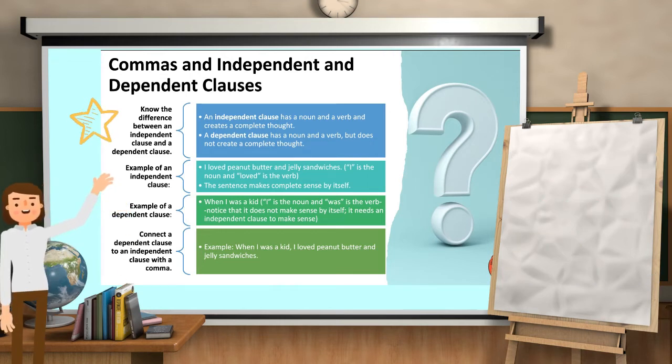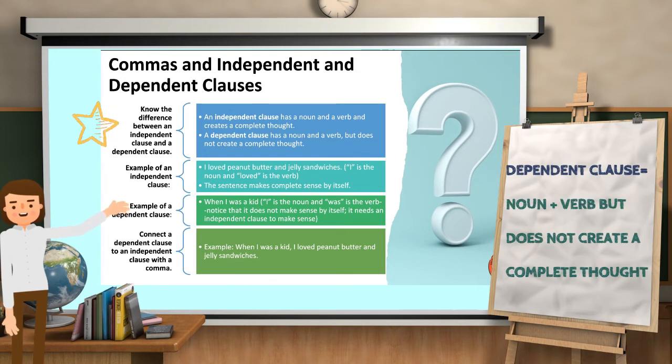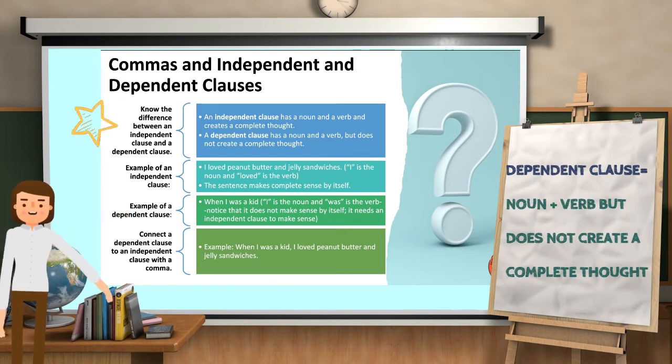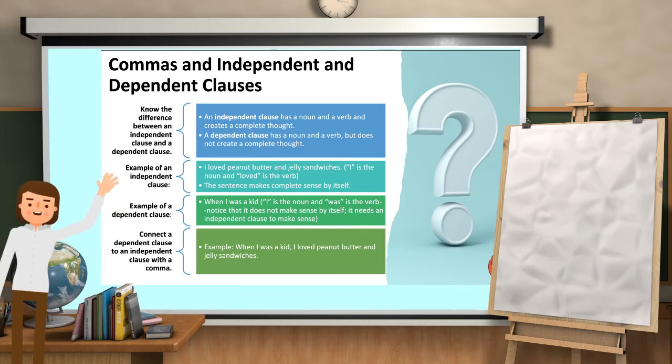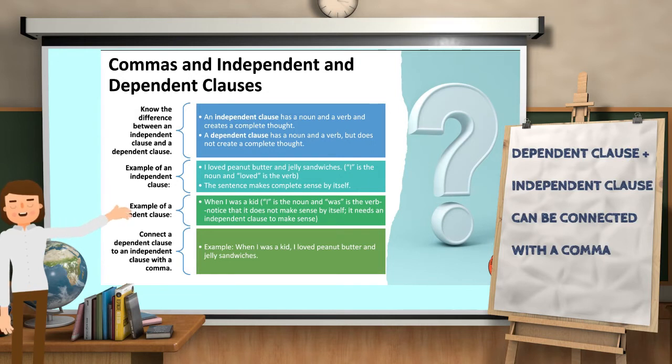A dependent clause also contains a noun and a verb, but it doesn't create a complete thought. You can connect an independent clause with a dependent clause with a comma, but what you can't do is connect two independent clauses with a comma.